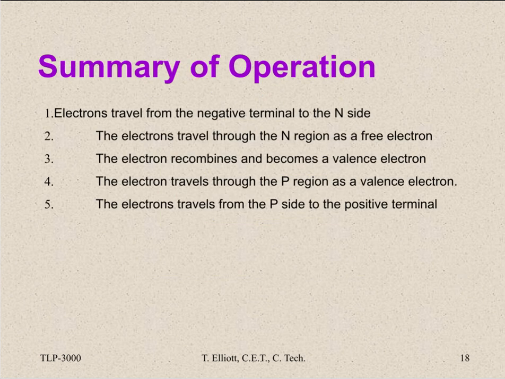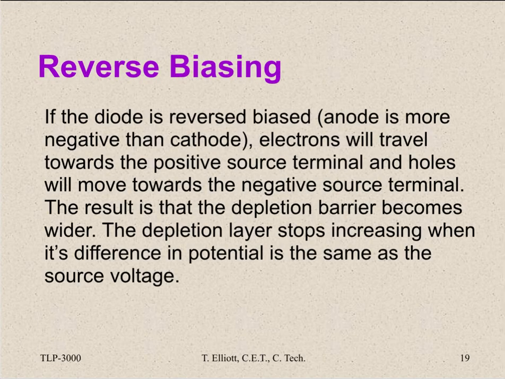That's all that's saying. If you reverse bias it, that means the anode is negative relative to the cathode, or the cathode is positive relative to the anode, depending on which way you want to look through the window.